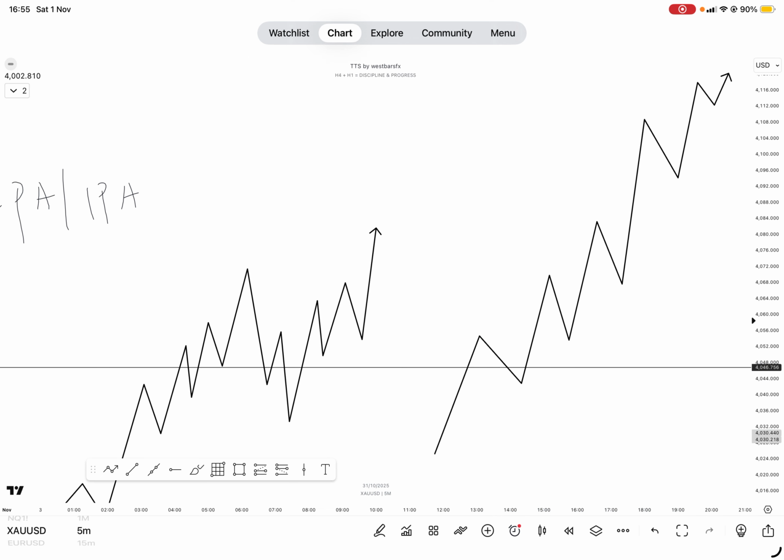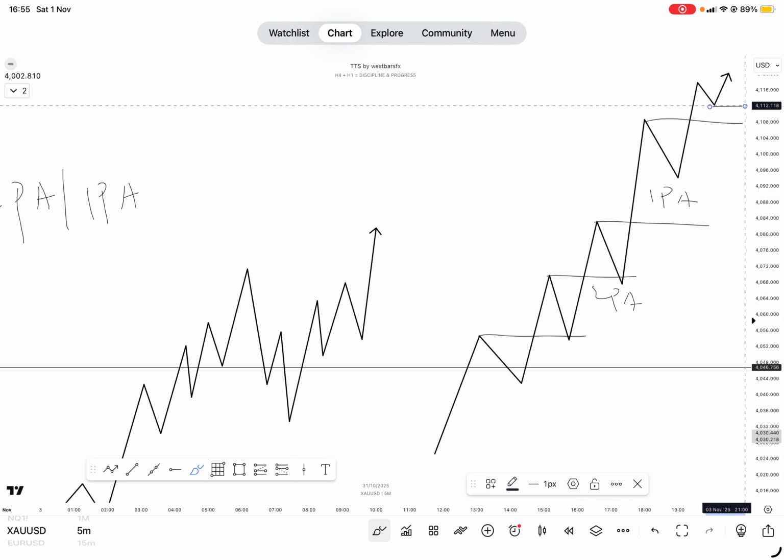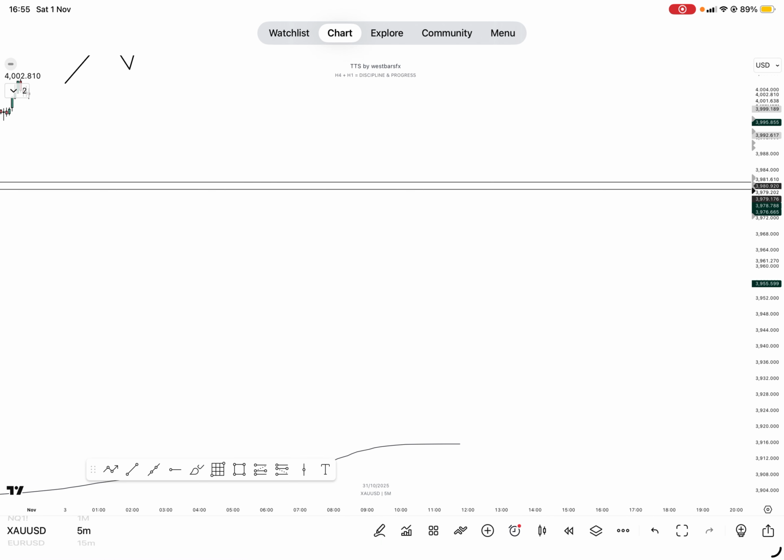So this is efficient pricing, right? Price came back to the range. Price came back to the range. Price did not come back to the range. This is IPA. Why this is EPA, right? Price did not come back to the range. This is IPA also.